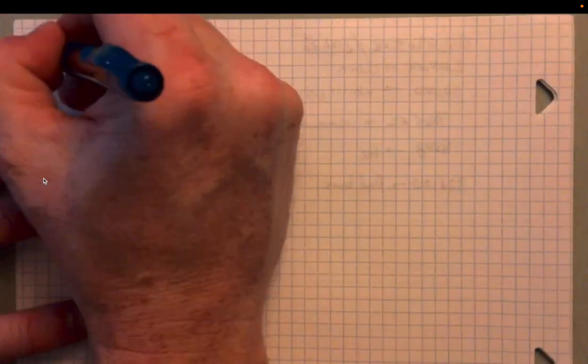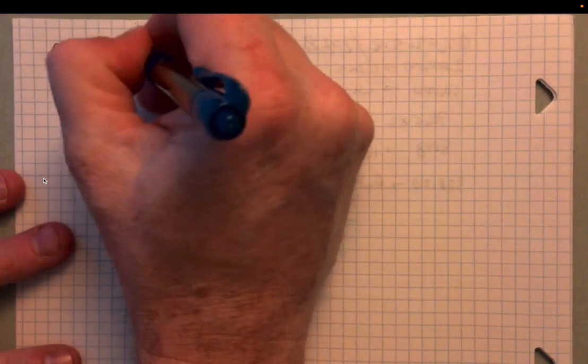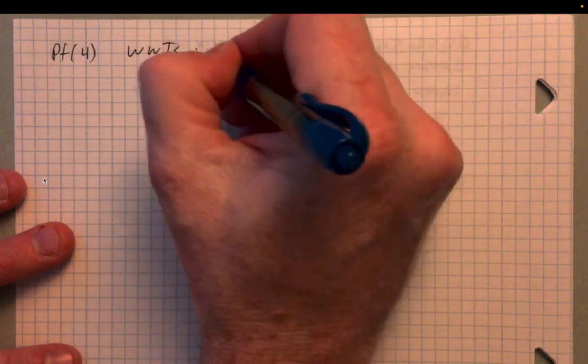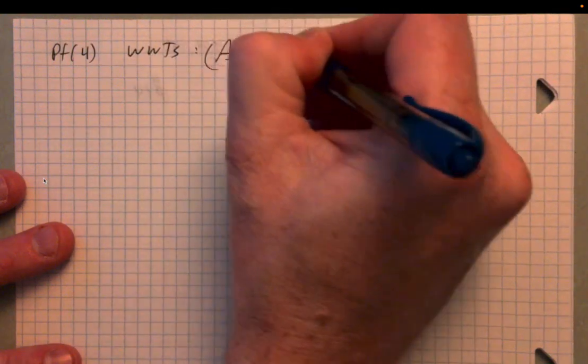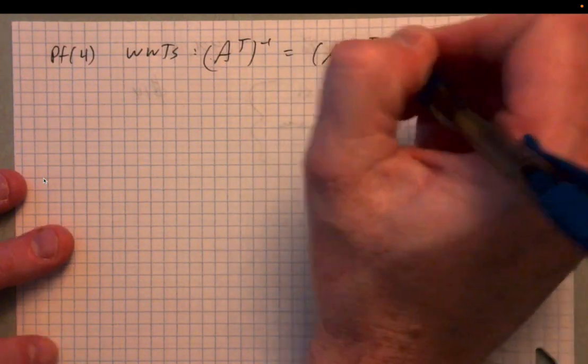Let's take a look at a proof of item 4. Now for 4, what are we trying to show? We wish to show that A transpose inverse is equal to A inverse transpose.